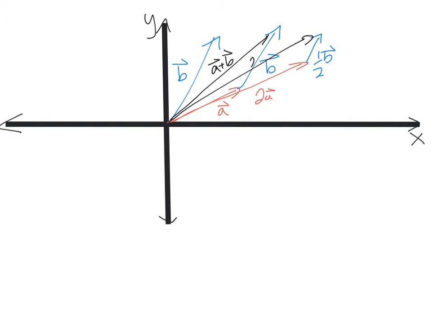So this is 2A plus half B. So I can scale these values any way. Like now I can say negative A. And I'm just picking random values here. So I'm going to add that to, let's just go with B. And your resultant vector is going to be this.